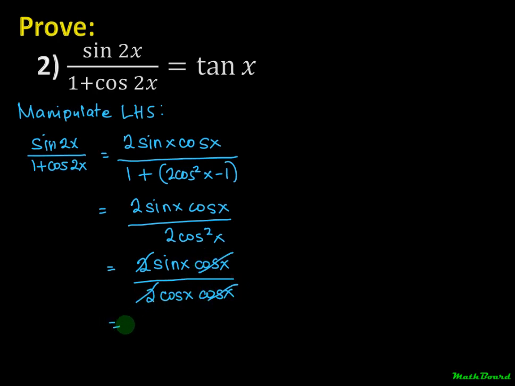Ang natira na lang is sine x divided by cosine x. And by quotient identity, we know that sine x over cosine x is tangent x. Okay? As you can see, we arrive at an expression similar to the right side of the equation. Okay, so ganyan lang mag-solve ng mga problems involving double angle identities.